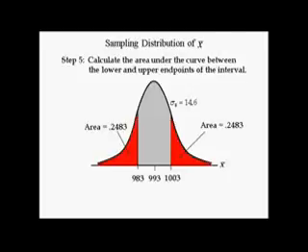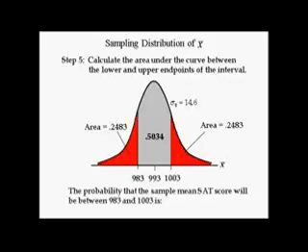The area of the tails, or the probability of not being between 983 and 1003, is 0.4966. Subtracting 0.4966 from 1 yields 0.5034. Thus, the probability that the sample mean SAT score will be between 983 and 1003 is 0.5034.